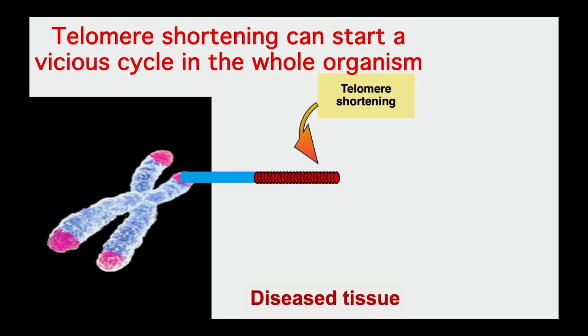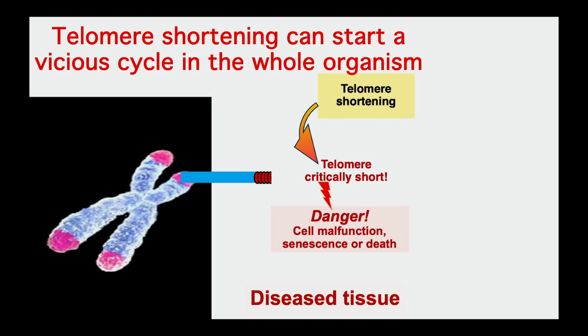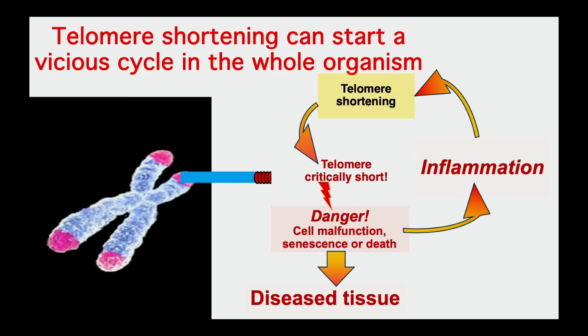So you have the shortening, which I alluded to, you have this very short telomere, and it's sending a signal. The danger signal is, okay, I've got DNA damage. And the cells can have two effects. They're malfunctioning, but they also undergo senescence, in certain cases cell death, and that can disease tissue in different ways. But that also, because of these secreted factors, they can lead to inflammation, hence more reactive oxygen species, more damaging environment.